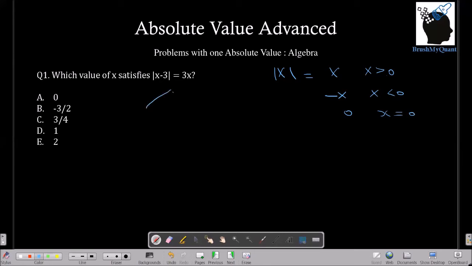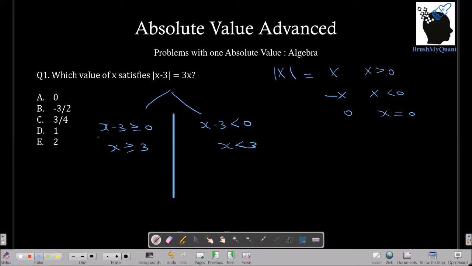That means we are going to assume two values of x. In the first case, we are going to assume that whatever is inside the absolute value is greater than or equal to 0. And in the second case, we are going to assume whatever is inside the absolute value is less than 0. So this means x is greater than or equal to 3, and this means x is less than 3.